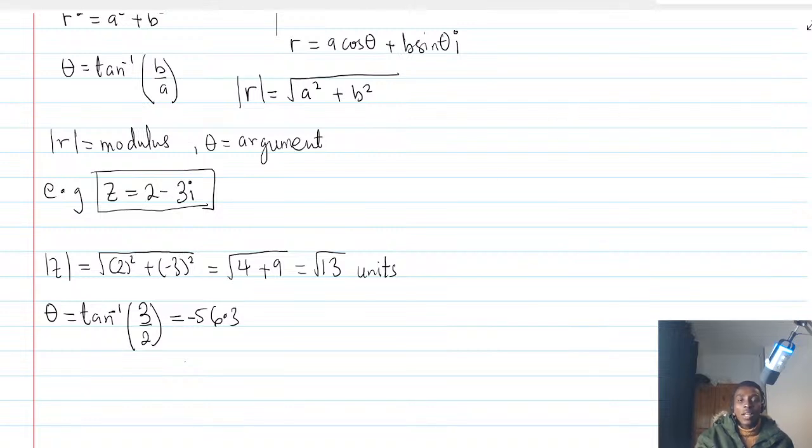So if you plot this, this is what you are going to get.